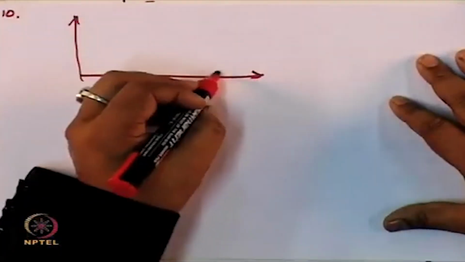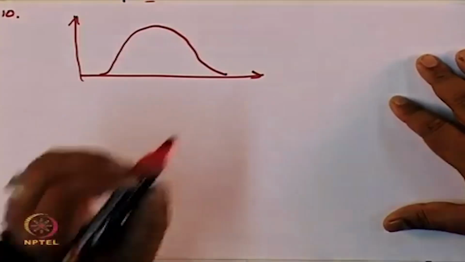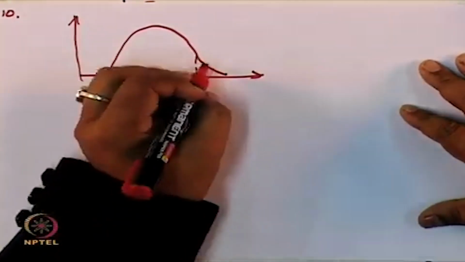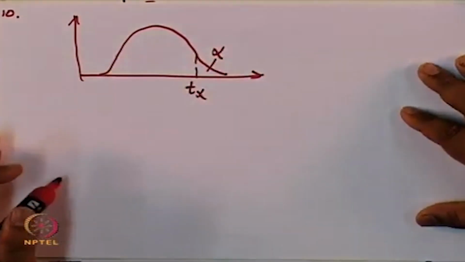So, as in previous cases, for the t distribution also you can calculate t of alpha, where alpha is the area under this curve.